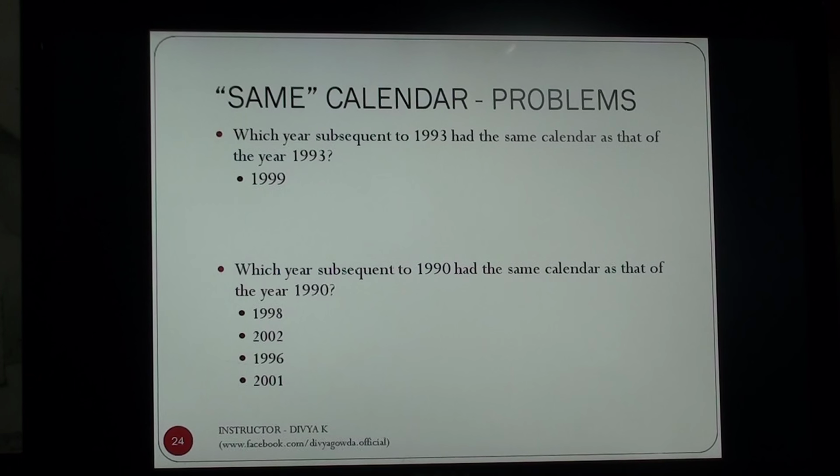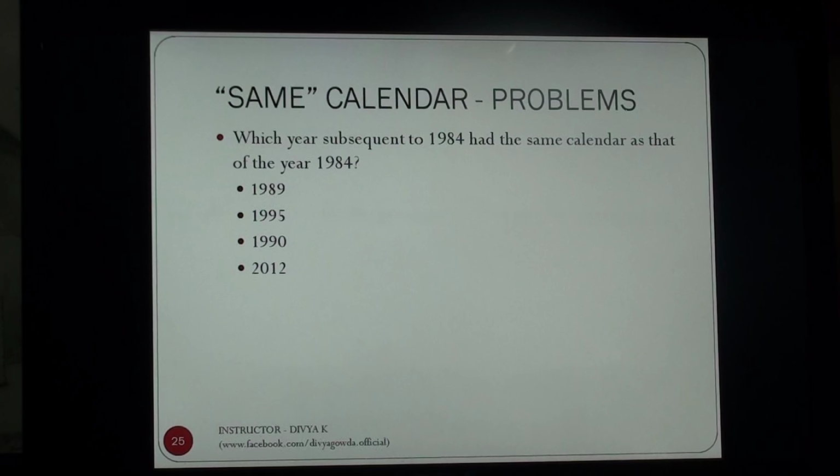So 1989 would be the year next to leap year. Therefore, 1990 falls under the others category. So whenever you get a year in the others category, you just have to add 11. So 1990 plus 11 would give you what? 2001. So 2001 was your answer.